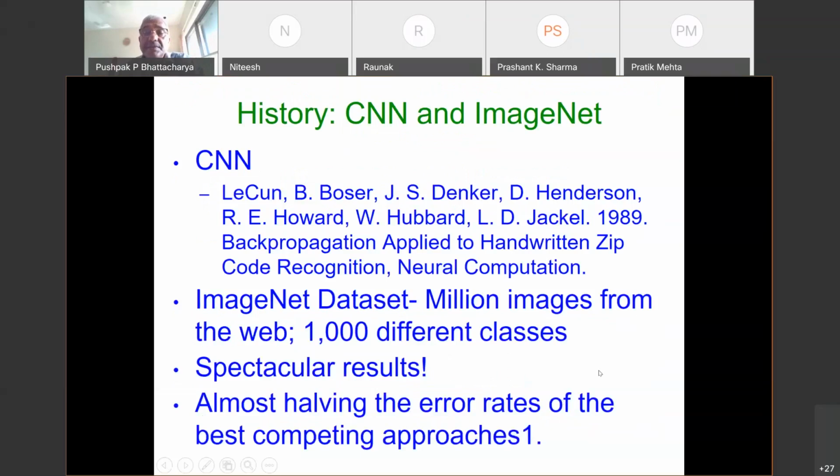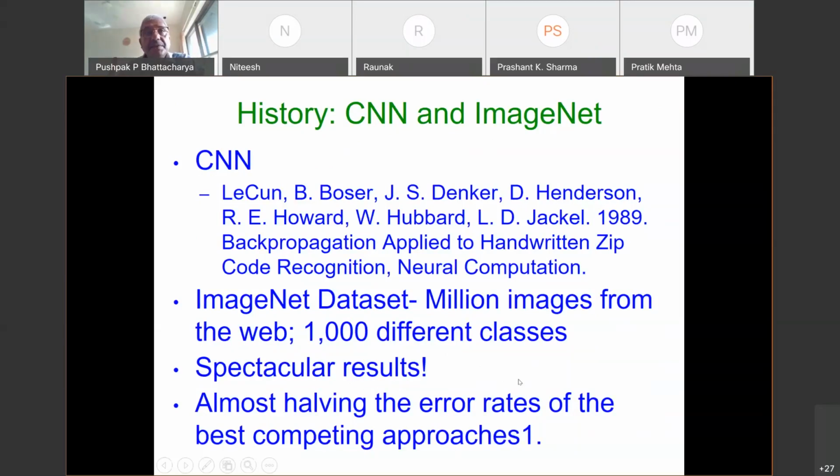Convolutional neural networks came in 1989, but they again got the attention of the world because of the ImageNet dataset benchmark. So millions of images from the web, 1,000 different classes, and people obtained absolutely spectacular results in image recognition and objects recognition in scenes.